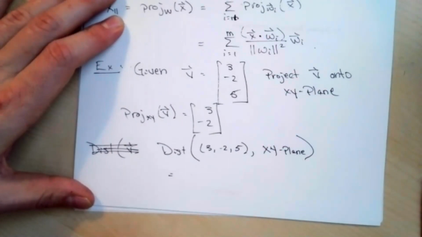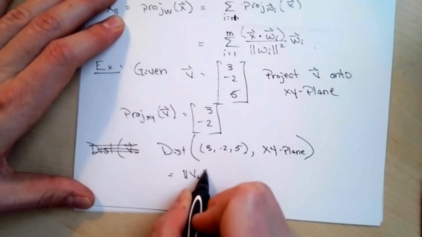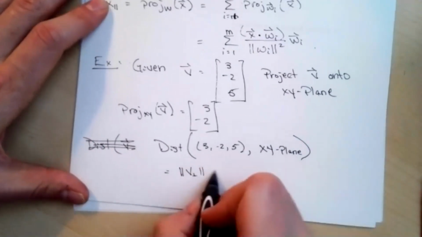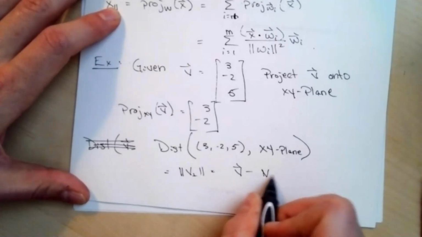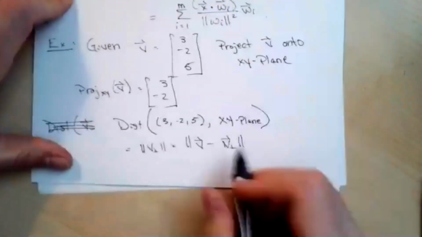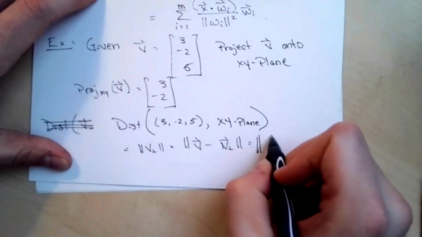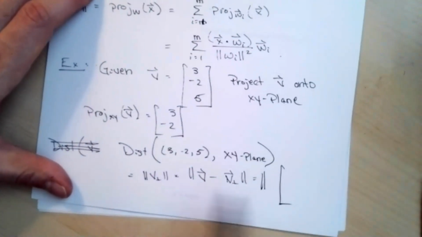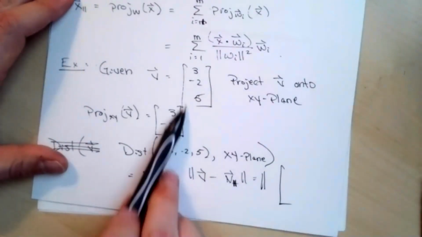Well, what's that going to be? We want the length of the orthogonal component. How do we find the orthogonal component? That's just going to be v minus the parallel component. And of course, we take the norm. What's the parallel component of this?